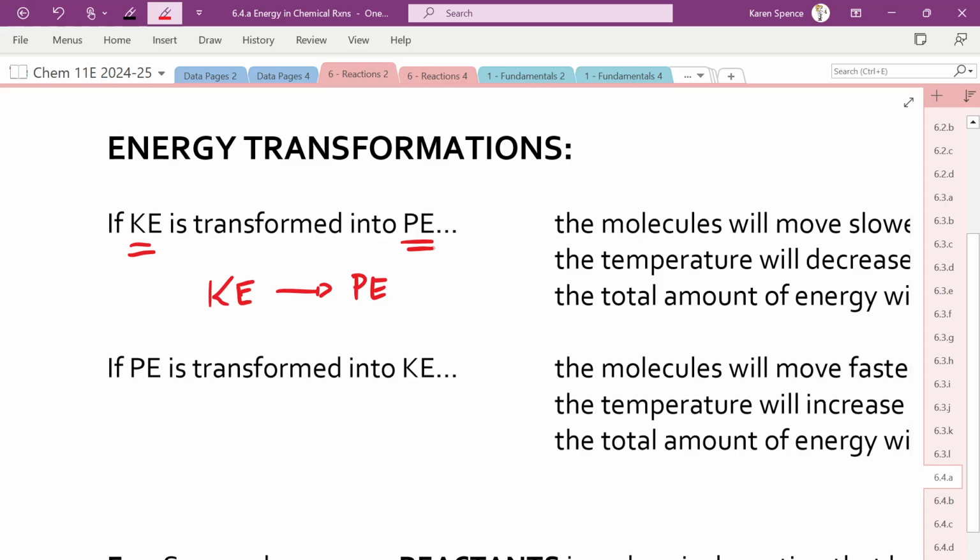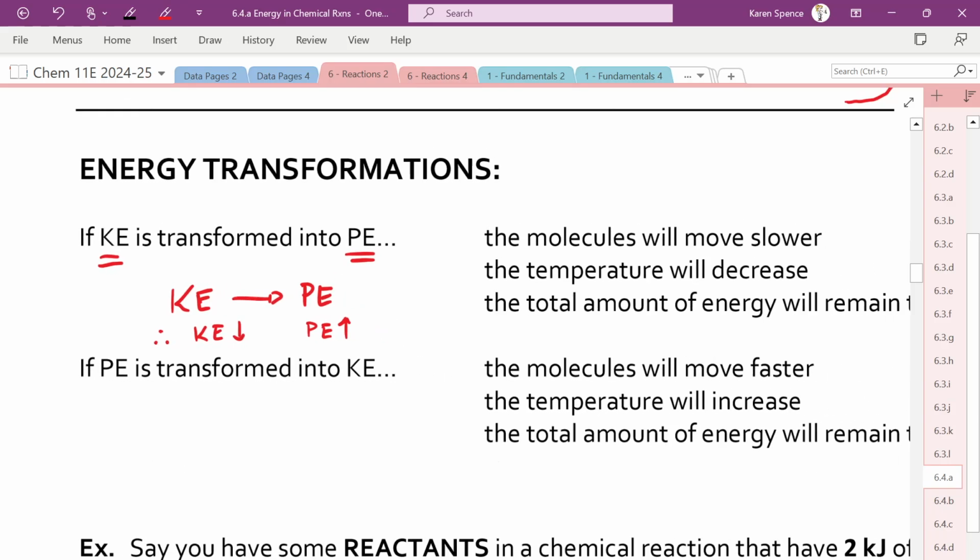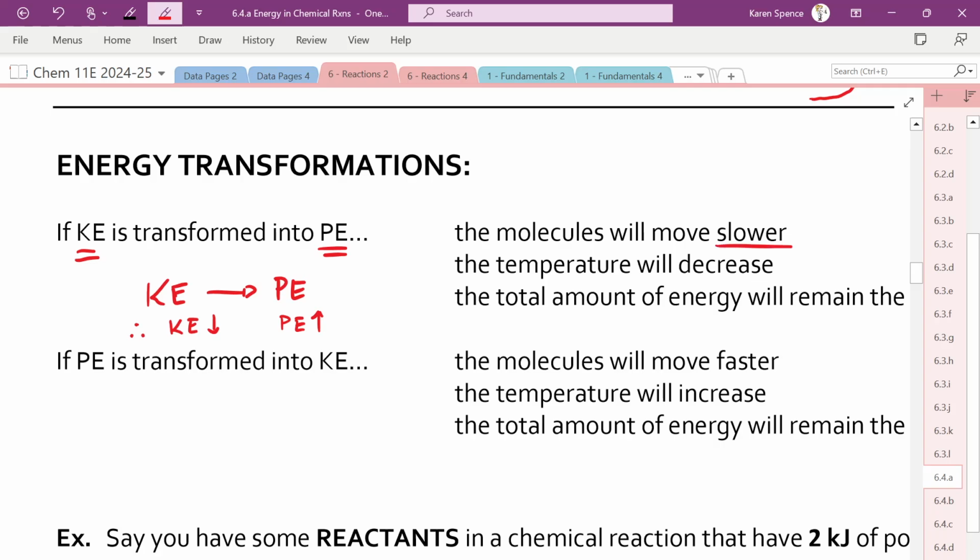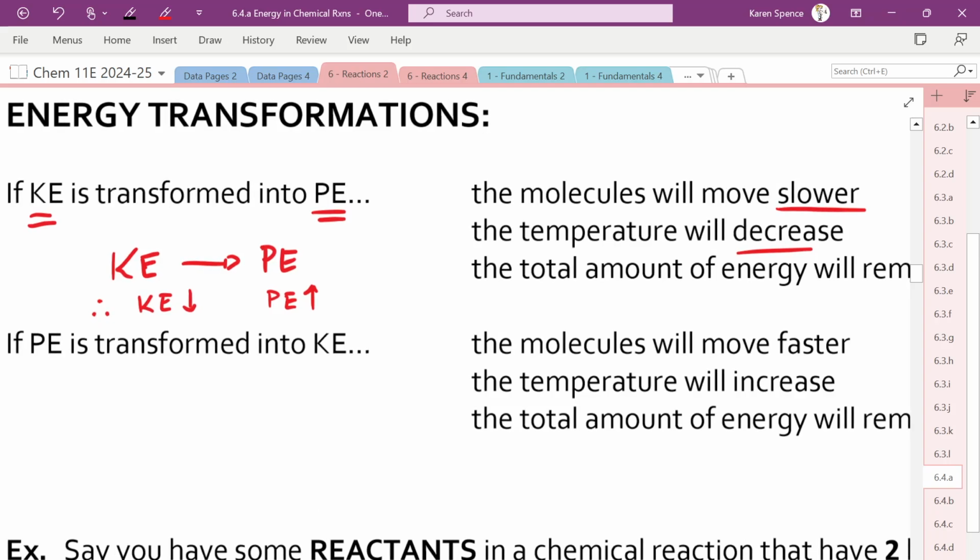Will they move faster or slower? They're going to move slower because our kinetic energy is decreasing, right? And our potential energy is increasing. So the molecules are going to move slower, which means the temperature will drop. It's going to decrease. What happens to the total amount of energy? Stays the same.